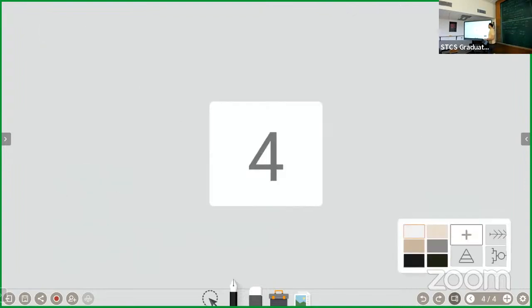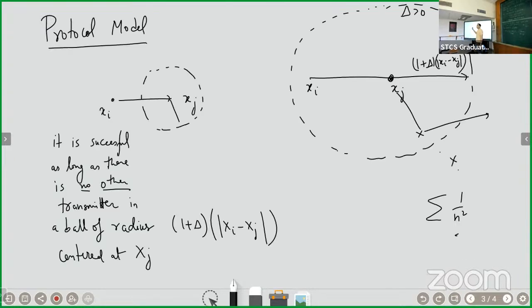All right, so let me define this. What if X is also a transmitter? Then Xi transmits to Xj. Xi is transmitting to Xj, and now X is also a transmitter, so at the same time they're all transmitting to receivers. You can allow that, but at any one point of time, a node is either a receiver or a transmitter, because otherwise you can't form these paths in the graph.